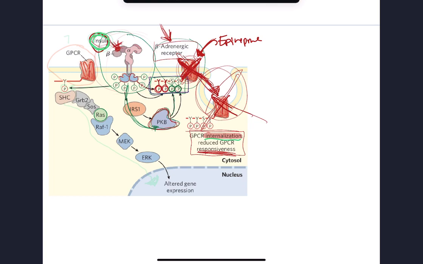On the other side, if we look over here, on this side, here's a GPCR. Sometimes it can be used. Sometimes this GPCR can be used to increase, it can be used synergistically to increase the effectiveness of the insulin receptor being activated, right?